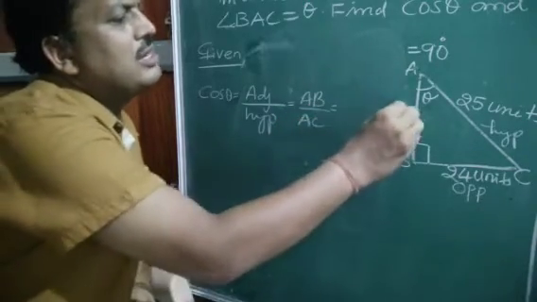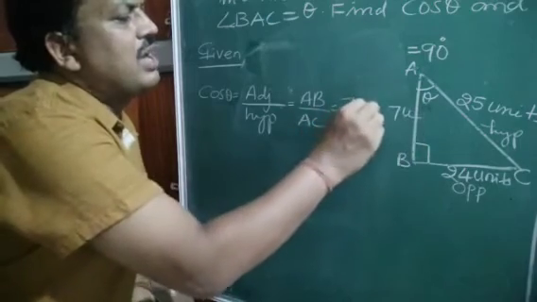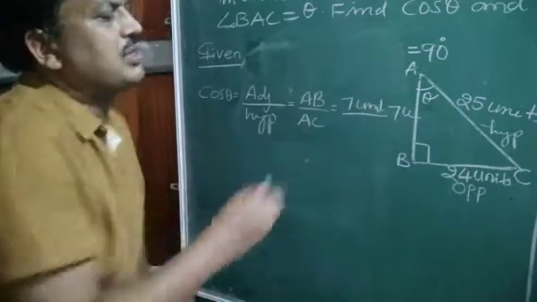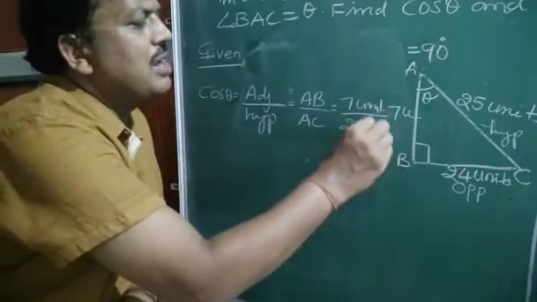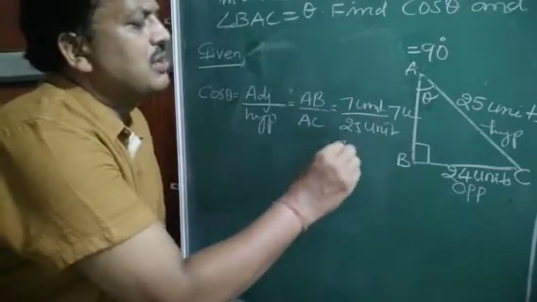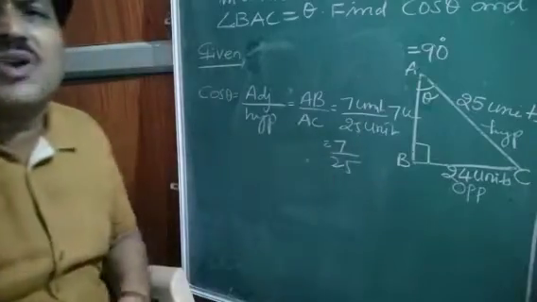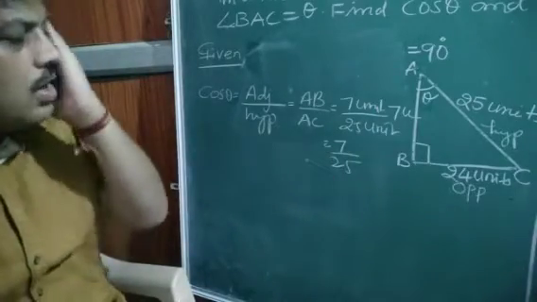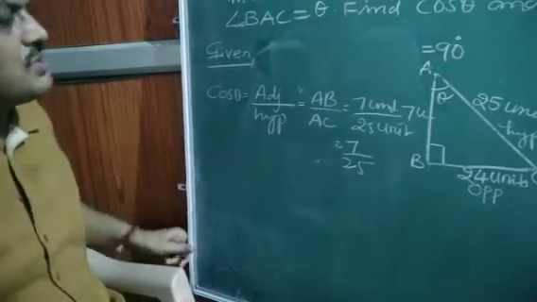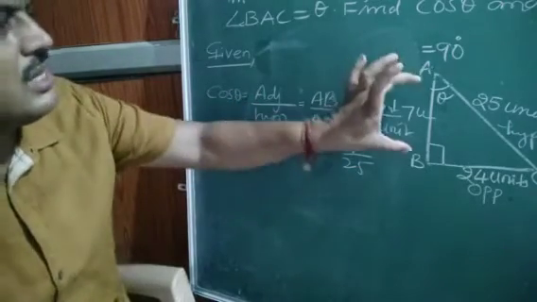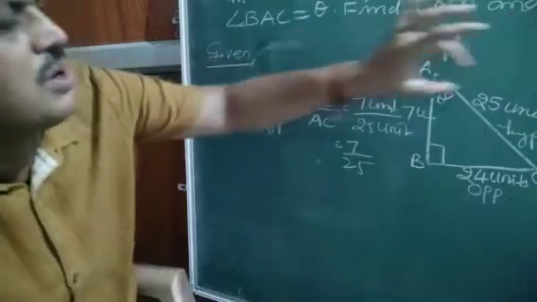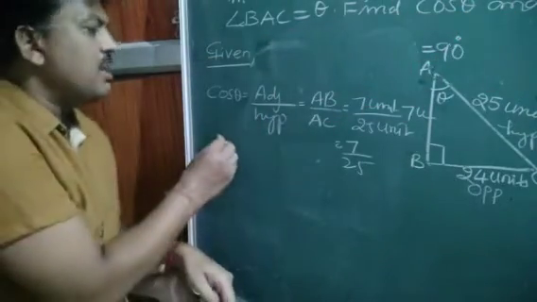AB how much, children? 7 units, upon AC how much? 25 units. So it is equal to 7 upon 25. It's a ratio, therefore no units, children. Okay, children. Cos theta is adjacent by hypotenuse, 7 unit by 25 unit.